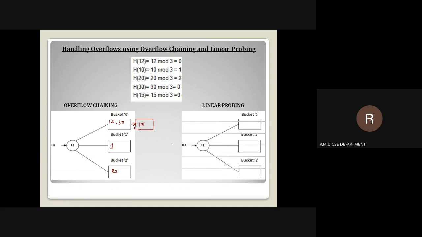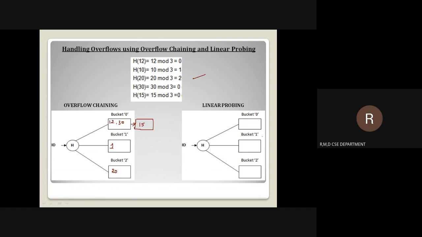The second is a mechanism that we call linear probing. In linear probing, the same is the case that the hash function works upon the key attribute, that is ID. On the ID value, the hash function is applied, and based on the result, the buckets will be designated with the records. And we go with the same values as stated here.